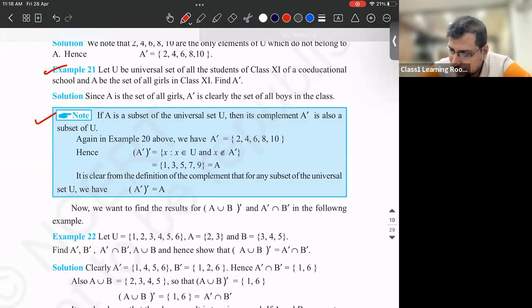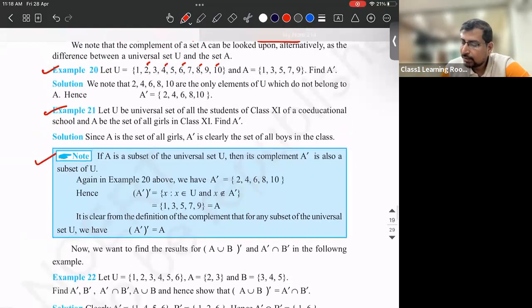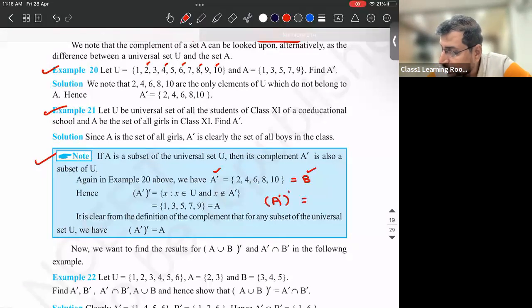Makes sense? Similarly, if you take example number 20, you have A complement as 2, 4, 6, 8, 10. Let me call this set B. A complement or set B, both names mean the same. Then what is the complement of this set itself?